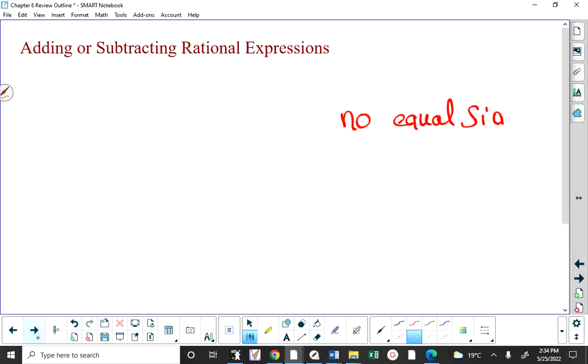So I'm going to give you a specific example. Add the following rational expressions. So how would you add these rational expressions? Well, there's no equal sign. It's just a single thing we're trying to put together.